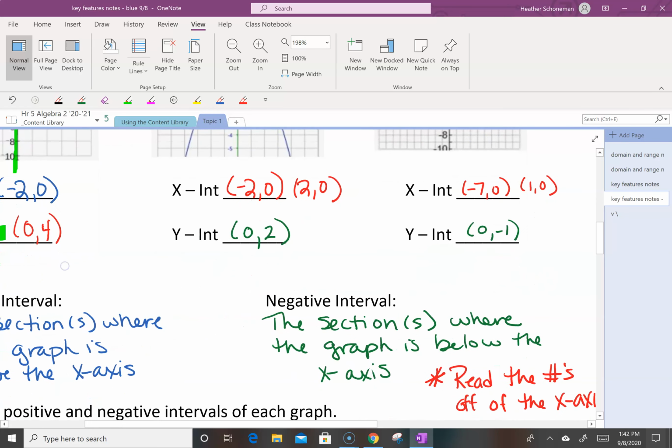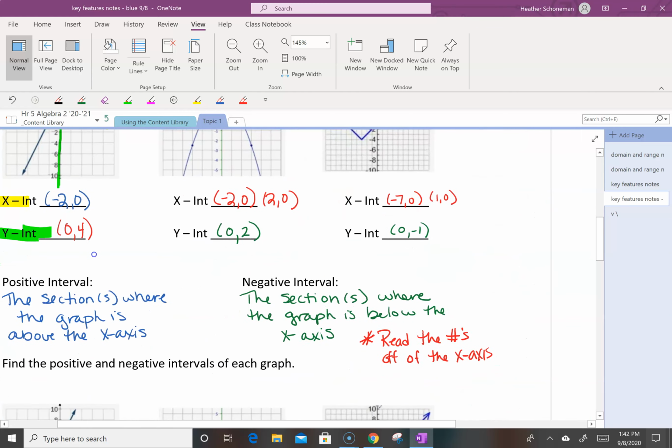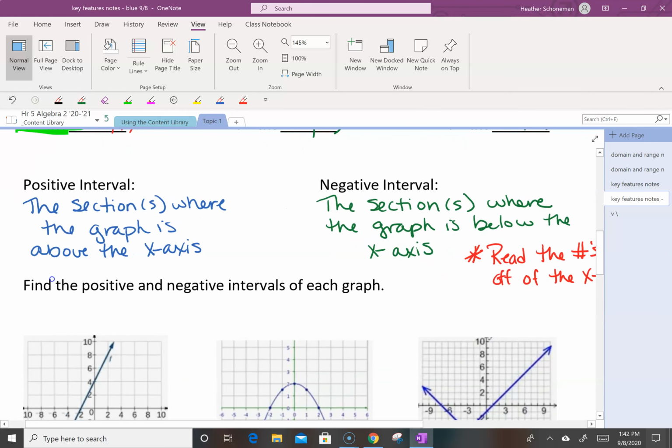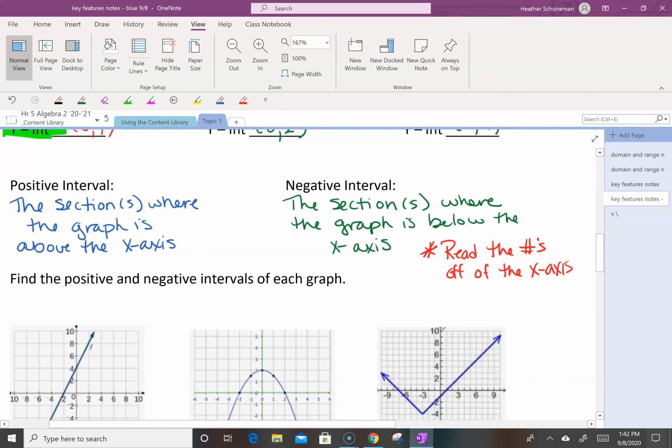All right, the next key feature is positive and negative intervals. Positive intervals are the section or sections where the graph is above the x-axis, and the negative intervals are the section or sections where the graph is below the x-axis.